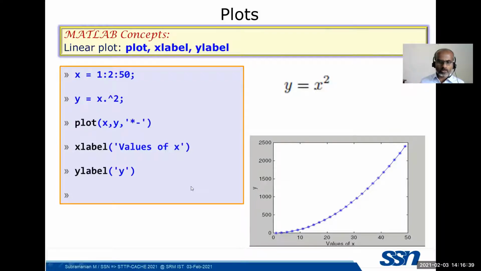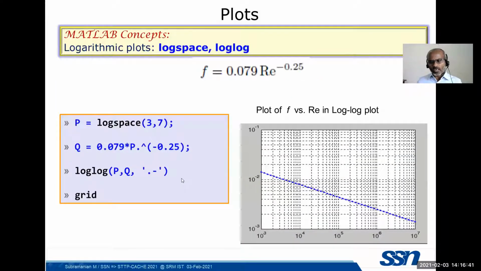Next, we are interested in making a log-log plot. Normally, log-log plots are used to cover a wide range of data, for example data ranging from 10 power 3 to 10 power 7, which means 1000 to a crore. To cover a wide range of data with good accuracy of data points, we need to use log scales.